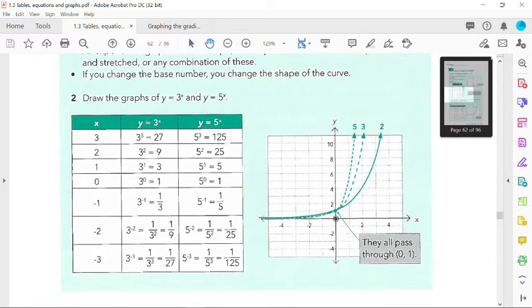Okay. If your asymptote is 0, do you notice anything about the y-intercept? It's (0, 1), because anything to the power of 0 is 1. So if there's nothing added or subtracted to your term, then that point is always going to be your y-intercept.